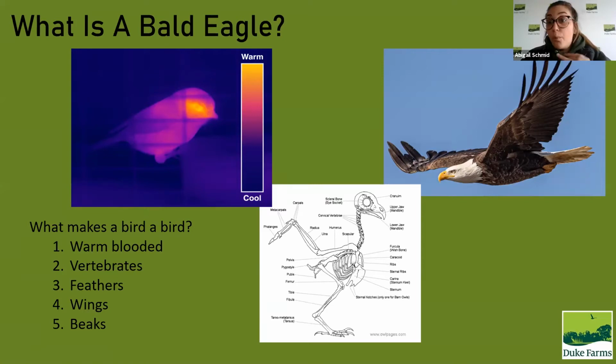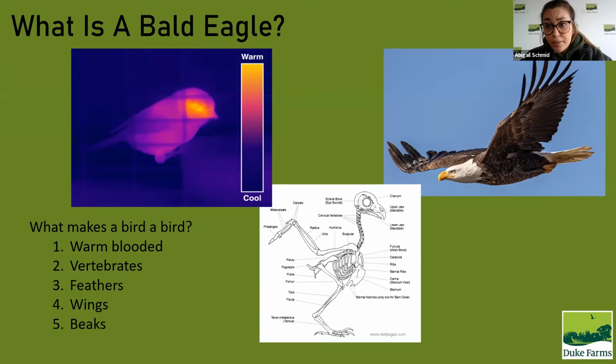Birds are warm-blooded, just like us. We have the ability to regulate our body temperature. We don't need the help of outside sources, like maybe you've seen some turtles or snakes basking in the sun because they are cold-blooded. So they need help from the sun to bring their body temperature up. So birds, just like us, are warm-blooded.